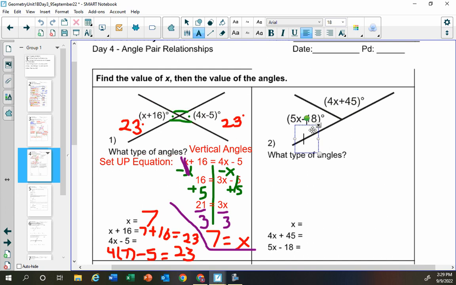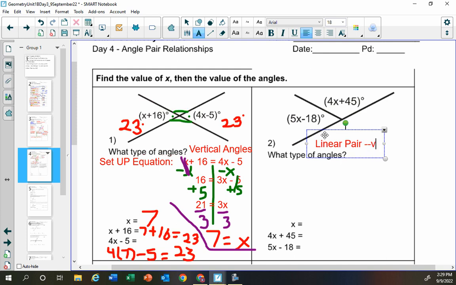And again, I like the participation. And what do we know about the linear pair? They share the same side. What else? There's something else. Supplementary.